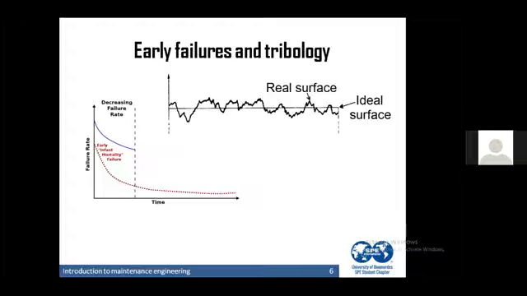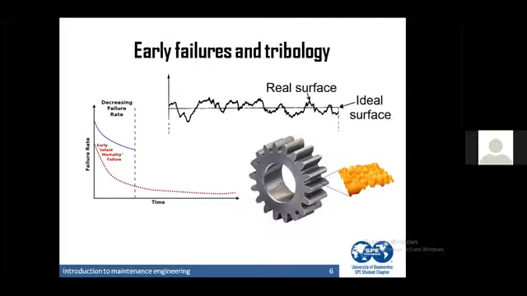The peak of any roughness, we call it asperity. For example, this gear is smooth when we look at it, but in reality, it is full of roughness, full of asperities.